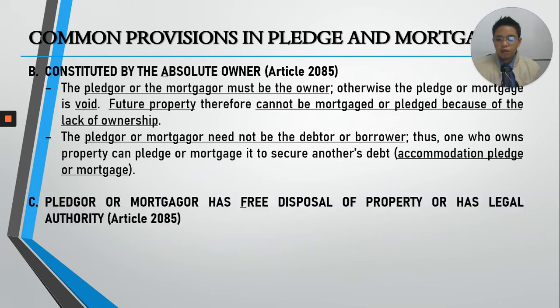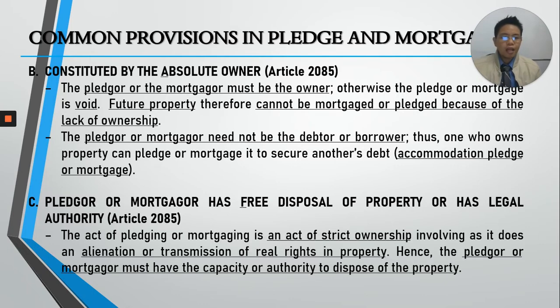What else? Number 3, the pledger or mortgagor has free disposal of the property or has legal authority. So, take note na yung act of pledging or mortgaging is an act of strict dominion or ownership. So, ang pwede lang gumawa niyan is yung tao na may-ari noong property.